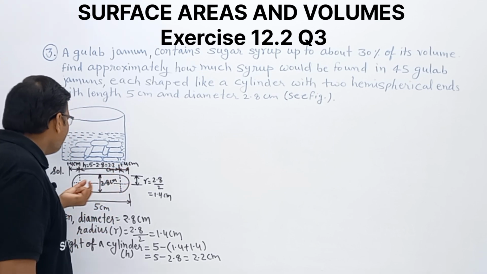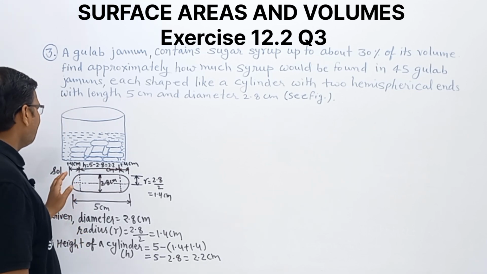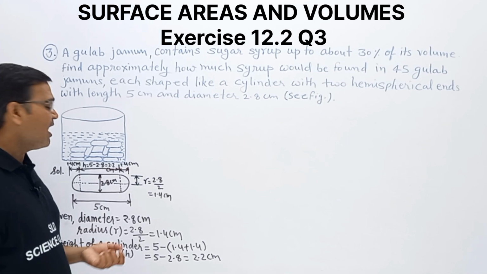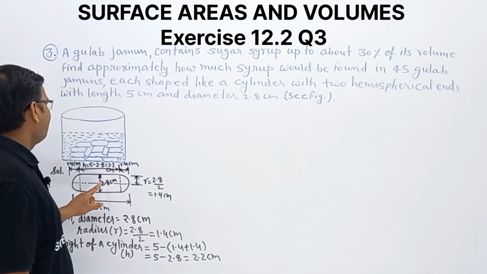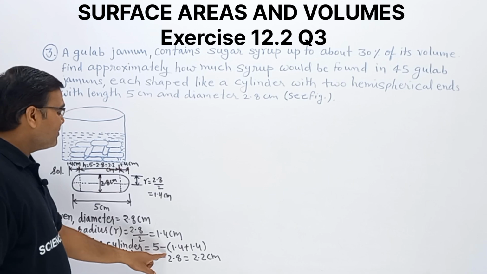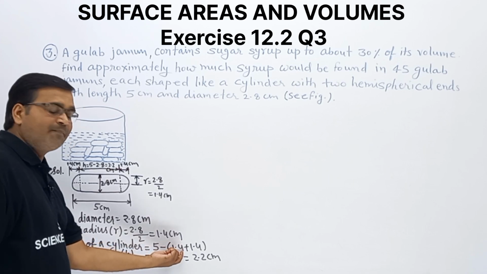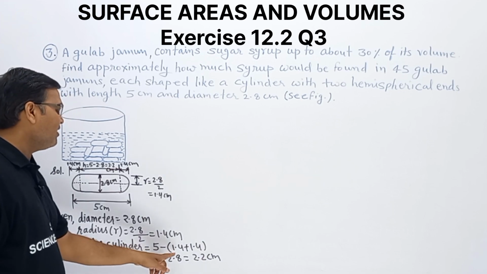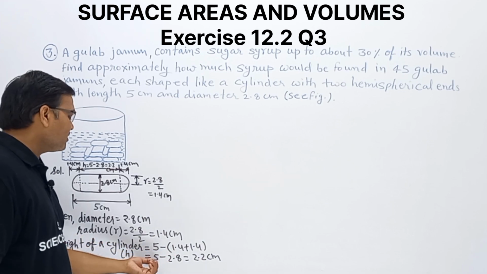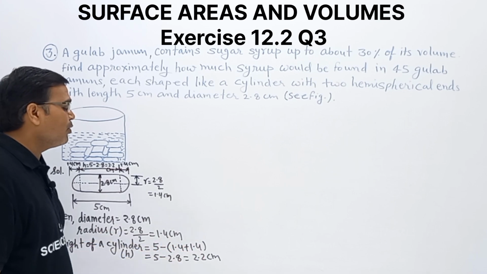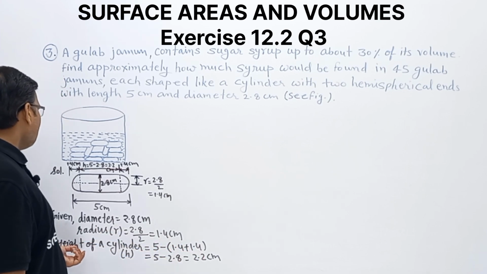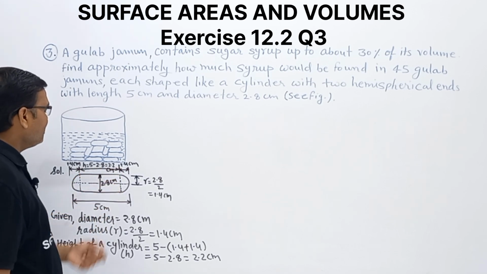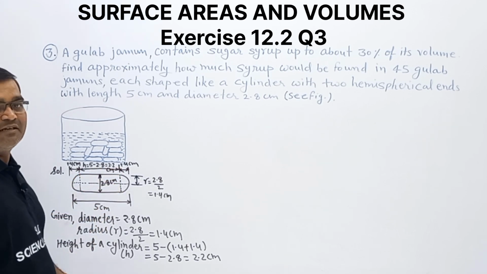This is 1.4 cm and this is 1.4 cm. So what about the height of the cylinder? Total length 5 minus the height of a hemisphere plus the height of a hemisphere. So the total is 2.8. Subtracting from the total length, we get 2.2 centimeter as the height of the cylinder. From this point to this point, this height is 2.2 centimeter. Clear?